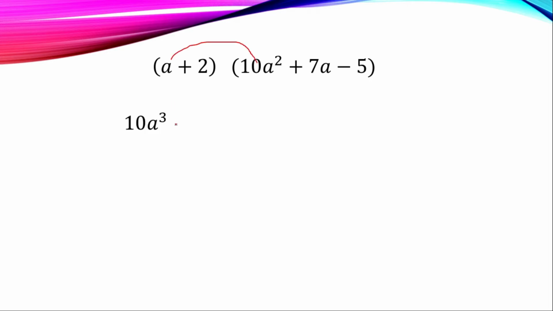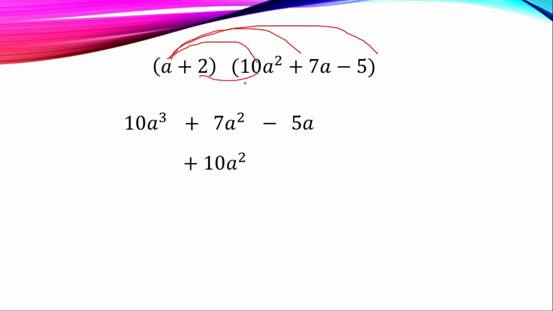The first terms are to be multiplied and your product is 10a cubed. Then the first term to the second term, we have 7a squared. Then we have the first and the last term, we have negative 5a. And then the second term and the first term, we have 10a squared.